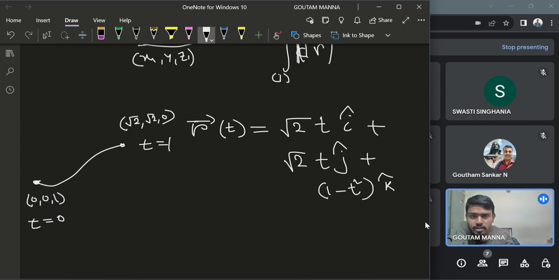If you put t equals 0, then r is 0 0 1: the x component is 0, the y component is 0, and the z component is 1. If you put t equals 1, you reach this point, where r is root 2, root 2, and 0.